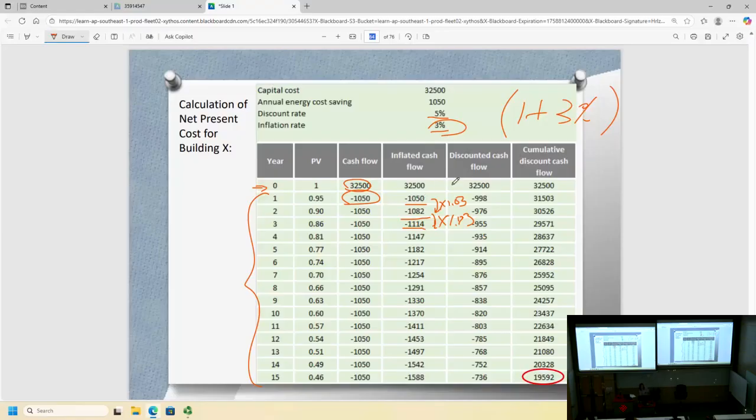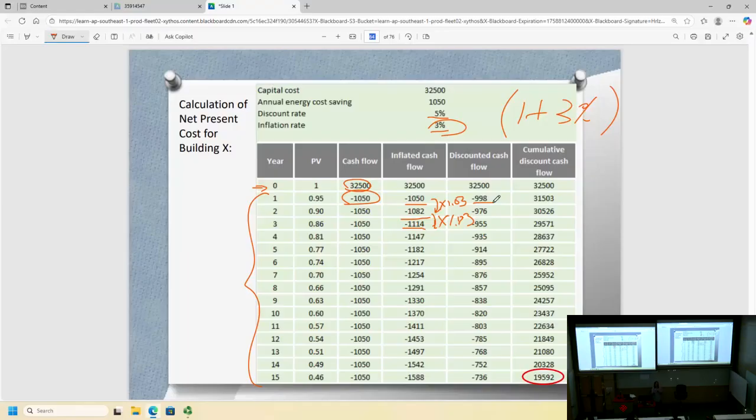So this is the amount that we spend now. The investment is to spend now, and then the saving 1 year later. The saving 1 year later will be less, because this is the money that we get 1 year later, and it will be less than the money that we get now, right?